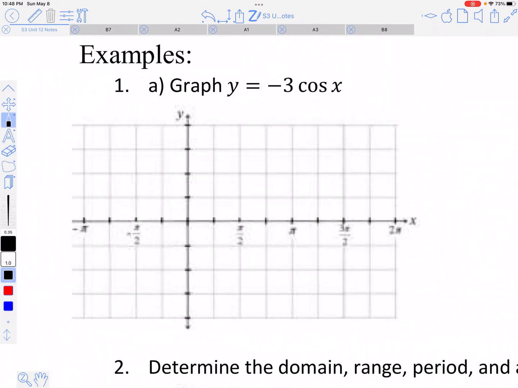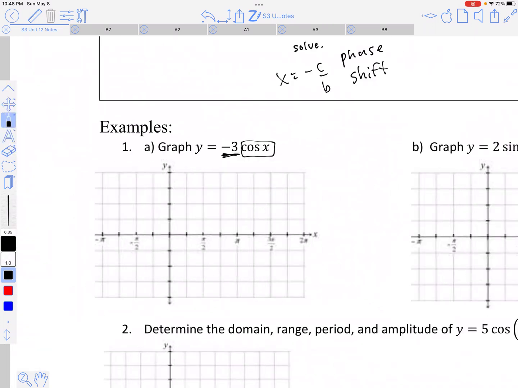All right, so this is going to affect our amplitude, if you remember where it's located. So cosine will take its input, give its output, and then we're multiplying it by negative 3. So it's going to make our amplitude go up 3. So normal cosine, if you remember, is 1, 0, negative 1, and 0 normally.